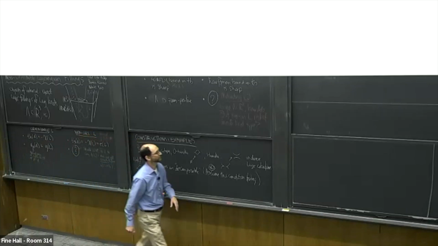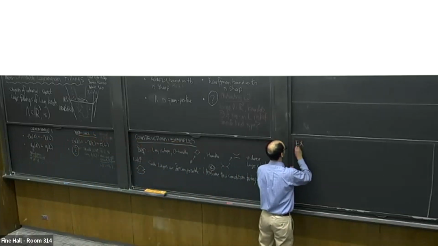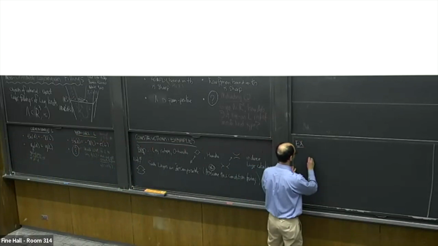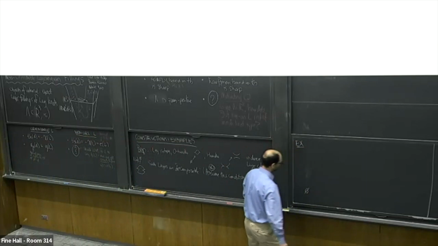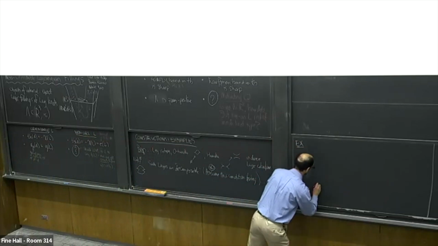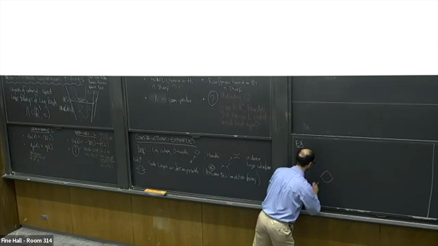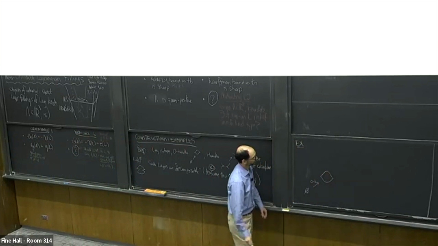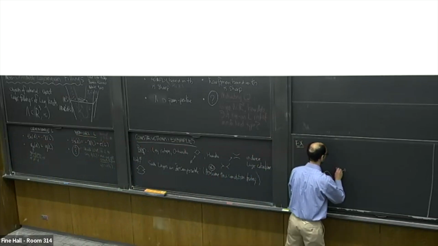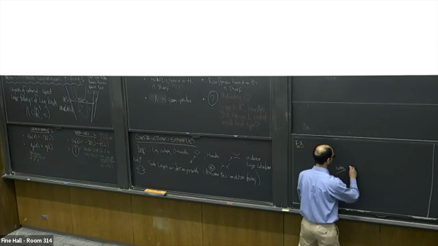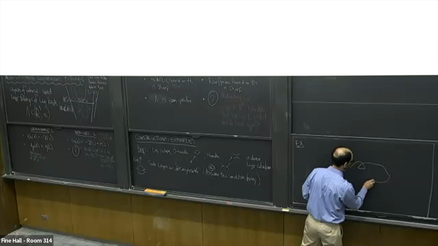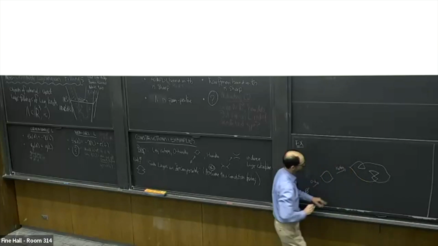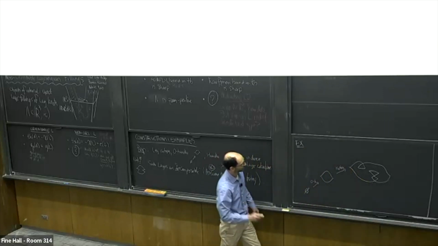Okay. Let me give you a quick example because this example is going to come up later on. I'm just going to take up the whole board. So let's start with nothing. Let's add a 0 handle. Let's do some isotopy, cleverly, to make it look like this. I think I did that right. Okay, good.